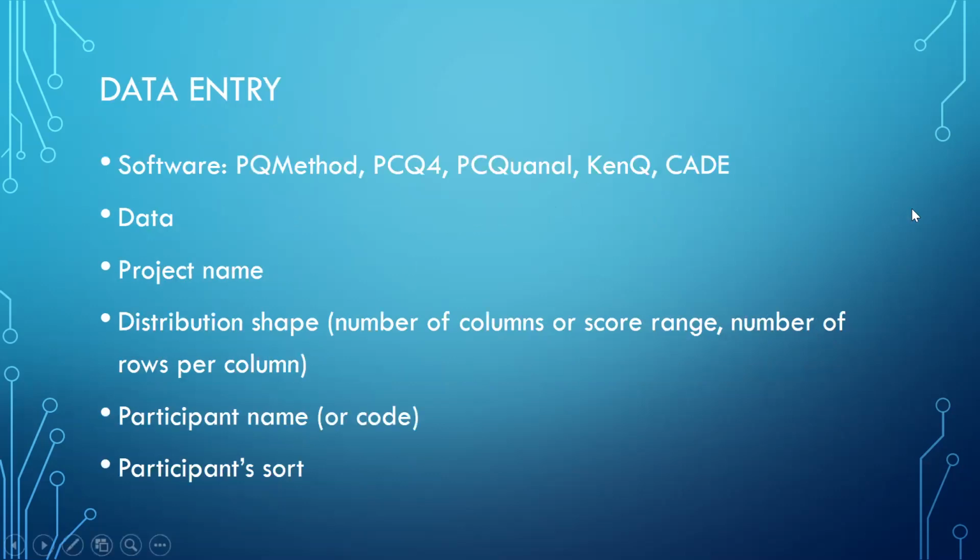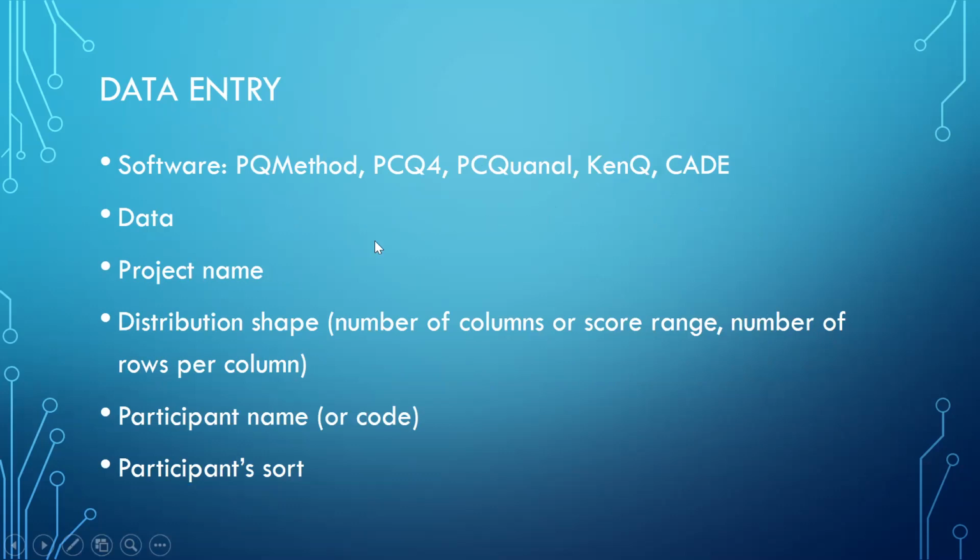In terms of data entry, there are several computer programs out there that can be used. PQ method is what I am personally most familiar with, although it's an older program, so I'm going to have to switch, and KADE is the one that I've been looking at and working with most recently. But KenQ is available. There are some others beyond the ones I have listed here.